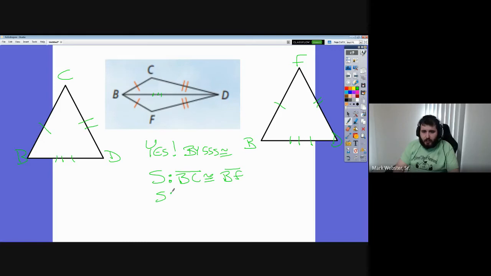What's my two pair? CD is congruent to FD. And then what's my three pair? BD is congruent to BD. That with that reflexive side. Yeah? Pretty simple?